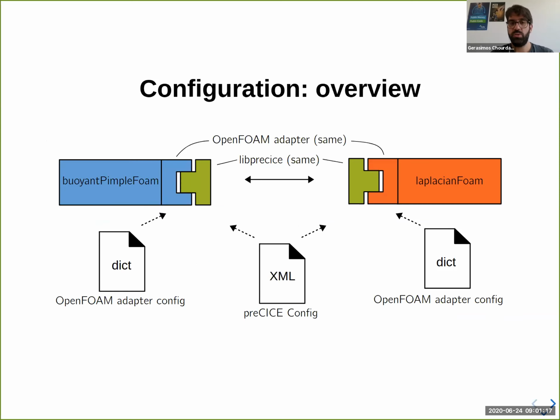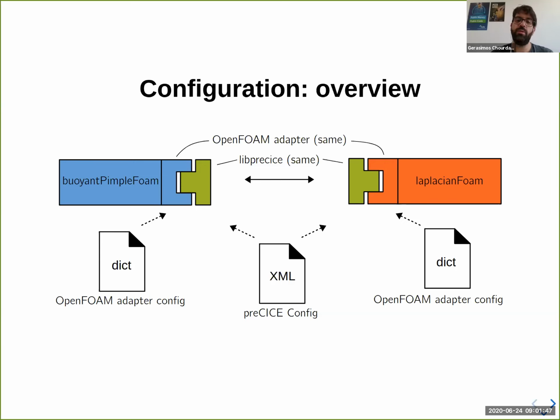Let's see what we need to configure to make this case run. Apart from the channel flow with buoyantPimpleFoam and the plate with laplacianFoam, we need the OpenFOAM adapter, which is exactly the same in both cases, and preCICE, which is also exactly the same in both cases. For the adapter for each case, we will need a configuration file, which is now an OpenFOAM dictionary.